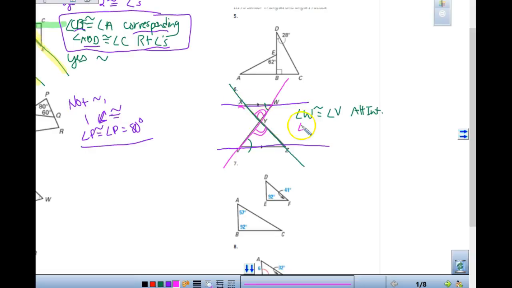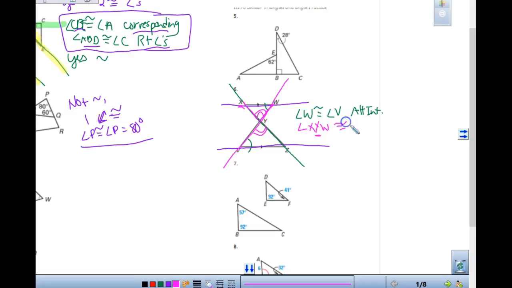X. I can't have Y. Y has to be in the middle. Y has to be my vertex. So you want to start with X or start with W? Okay, so tell me the 3 letters. X, Y, W. Does that make sense? X to Y to W. Got to have Y in the middle, okay?